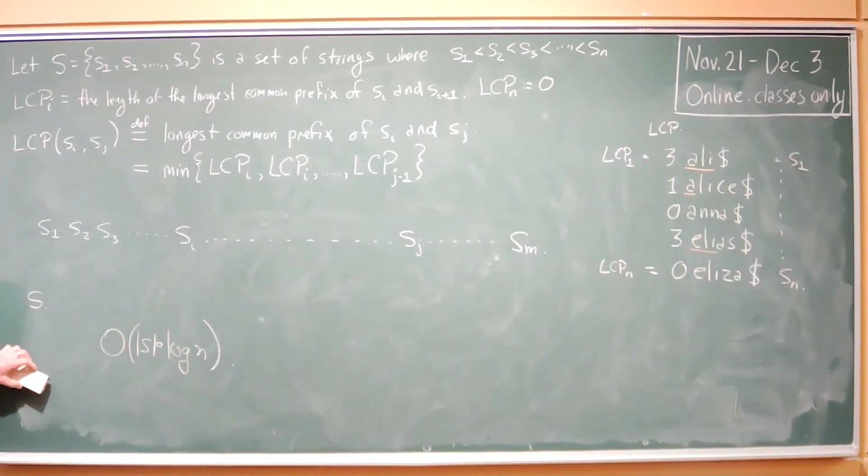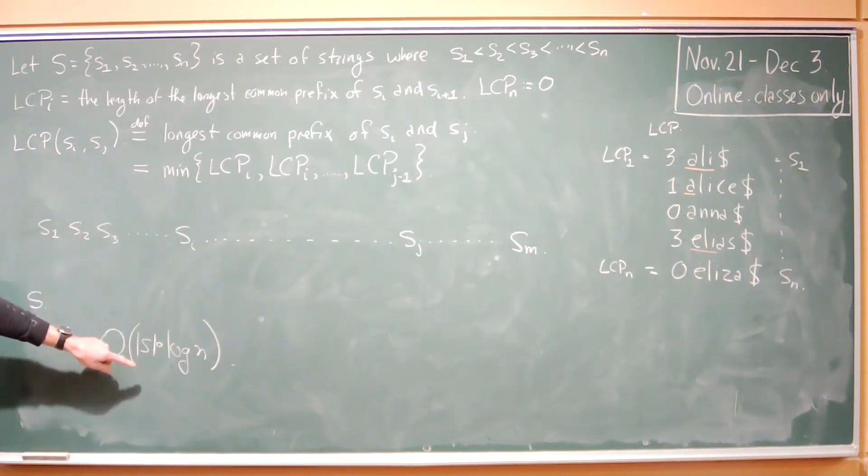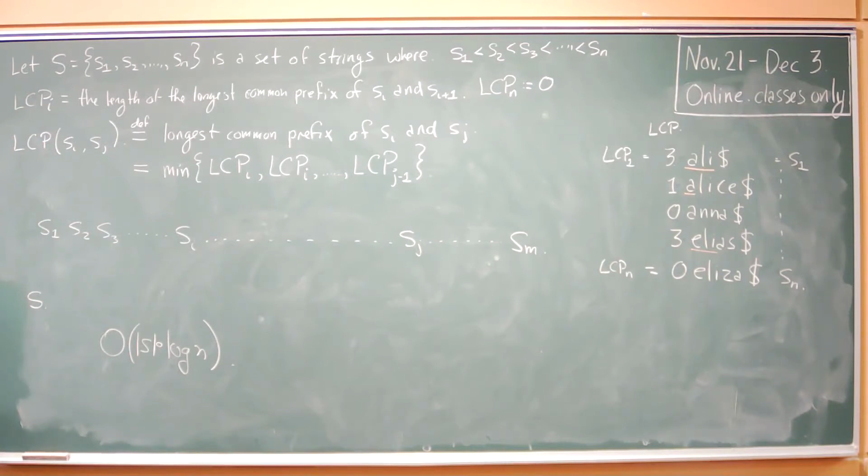Okay, so let's see if we can use this LCP array, because this comparison between S and something in our set seems to depend on the longest common prefix between S and the thing we're comparing it with. So let's see if we can use this information to make this search faster.